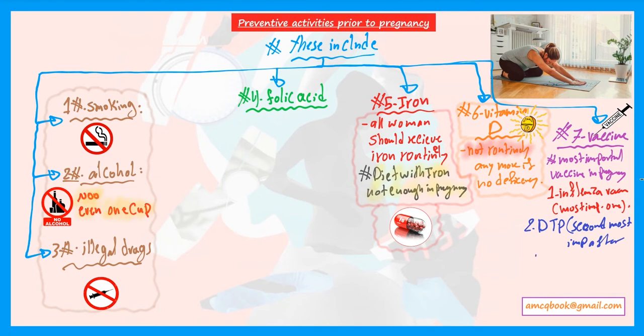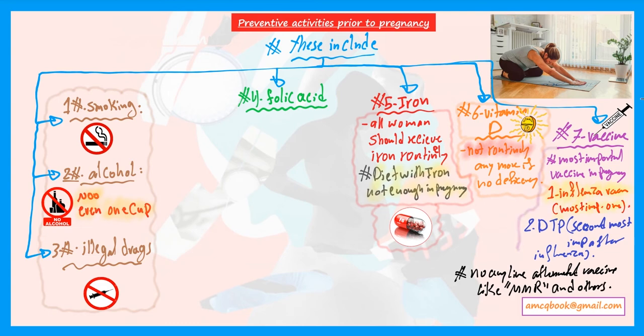So if I asked you what the most important vaccine in pregnancy is, and I give you influenza vaccine and DTP, you should choose influenza vaccine because it's the first most important, and DTP is the second most important vaccine in pregnancy. And also keep in mind, no live attenuated vaccine is allowed in pregnancy, for example MMR and others. So no live attenuated vaccine in pregnancy.